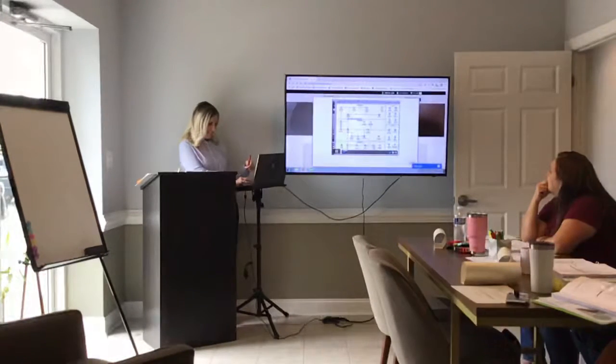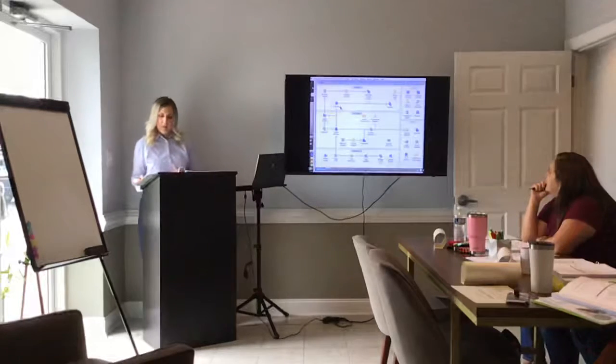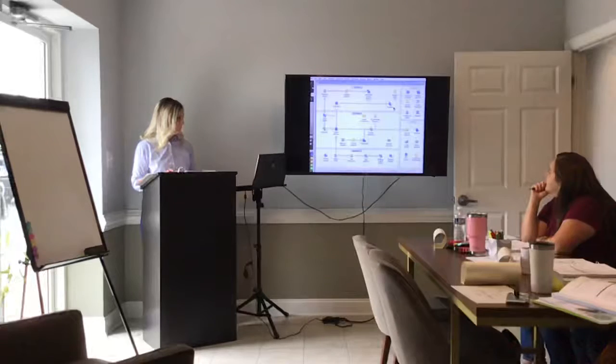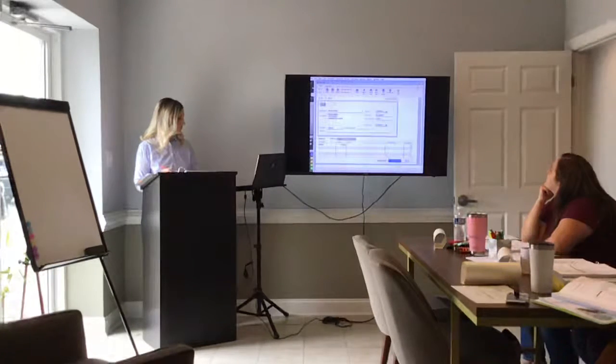Step 1, enter a bill. Remember, your vendor calls what they send you an invoice, but you enter it as a bill. Step 2, pay the bill. Note, if you enter the bill, do not use write checks to pay the bill. You must use the pay bills window. Let's look at a bill. Enter who sent you the bill. That's the vendor.